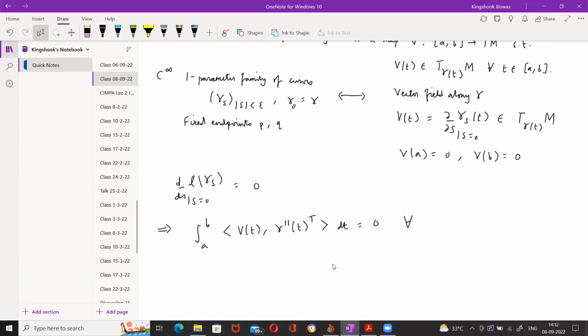And this is true for all variational vector fields V along gamma. So I'll write the space of vector fields along gamma as chi of gamma. Okay, this is a vector space. This is the space of vector fields along gamma such that they vanish at the endpoints, right? So V(A) equal to 0 and V(B) equal to 0.